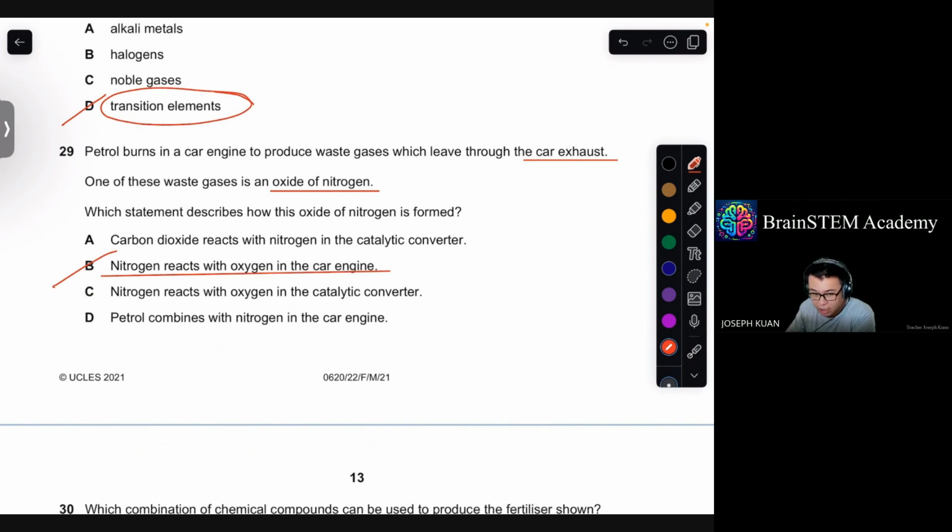It is an unwanted reaction, but it happens in the car engine and forms these toxic oxides of nitrogen. And then they are processed in the catalytic converter. This process does not occur in the catalytic converter.